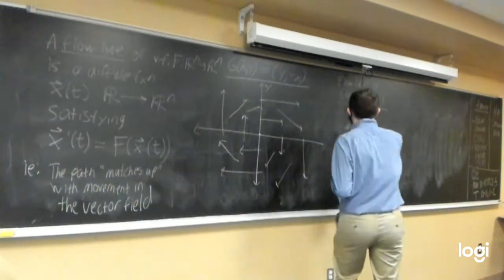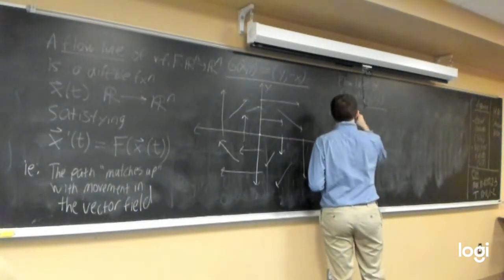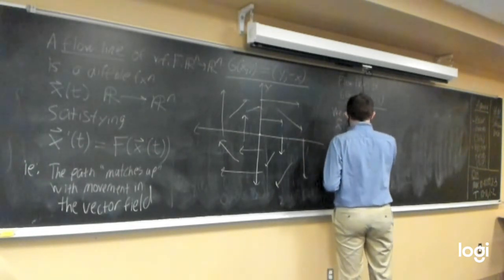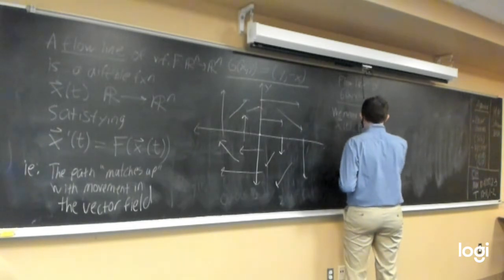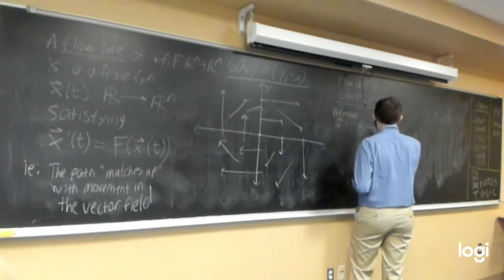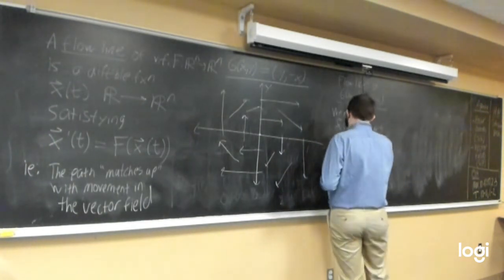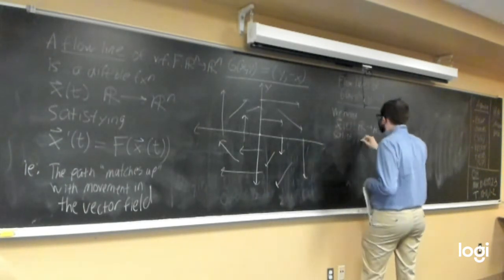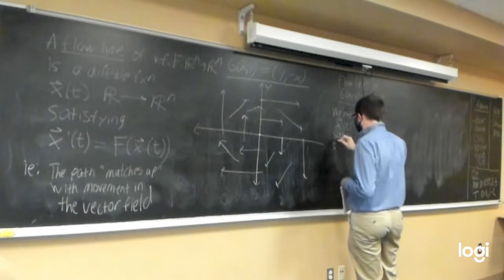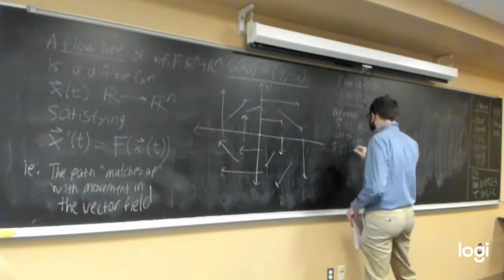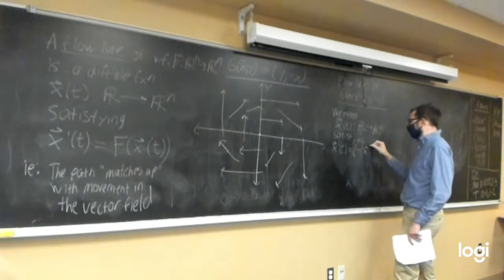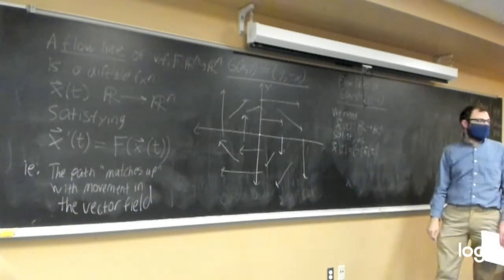So what we need to find is some path x that goes from R1 to R2 that satisfies this condition, that if we were to differentiate it, we would get the same thing as taking g of x of t.